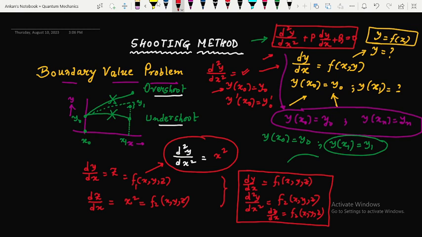If you are able to join the initial two points by some curve, by some slopes, then the curve obtained with the correct slope is known as the solution curve. And by approaching the solution curve, you can easily get the dependency of y over x. So this is our main motive, and let us point out the algorithmic steps involved in this procedure.